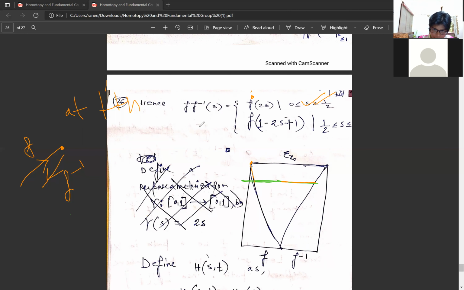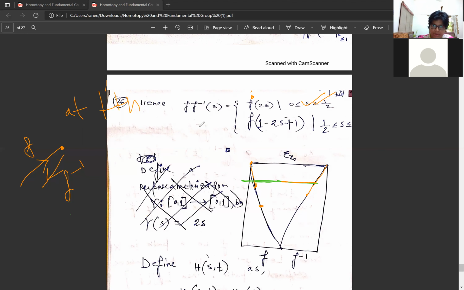You will come here, and you will sit there from t by 2 to 1 minus t by 2, and then again you are moving here.